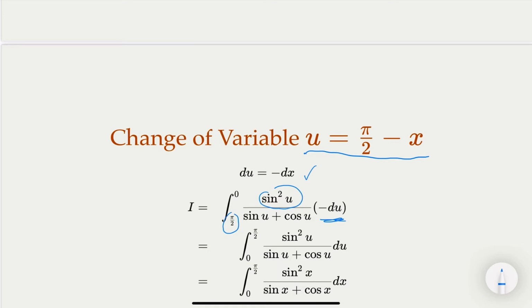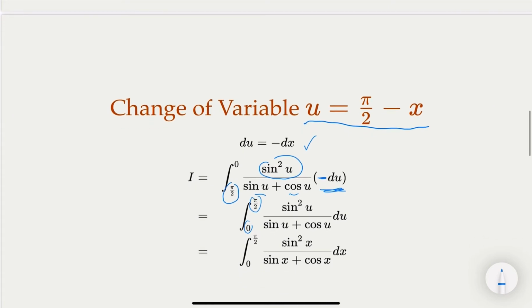And here we can swap sine x and cosine x. It's going to be the same. Of course, when you do an integral, it is okay to swap the range by changing the sign, right? So the sign goes away because we swap the interval here. And from here to here, u and x are the same thing, right? This variable is just a symbol.